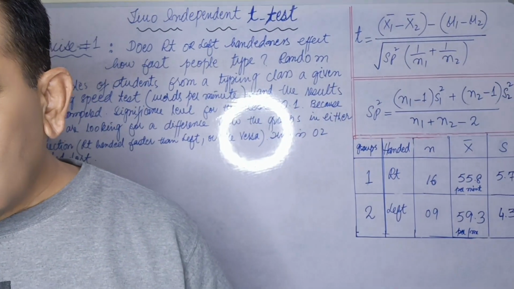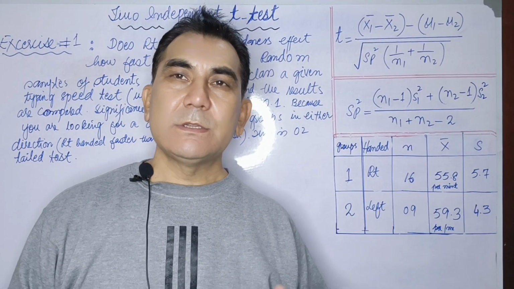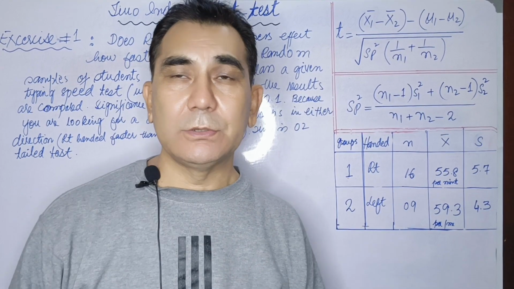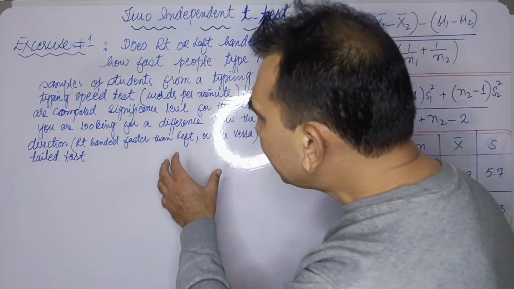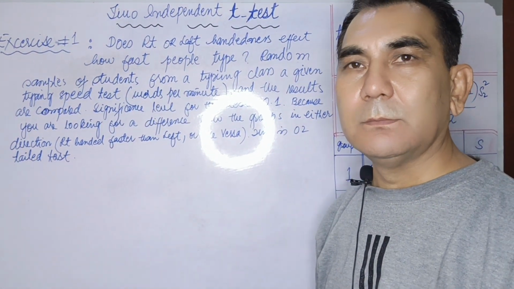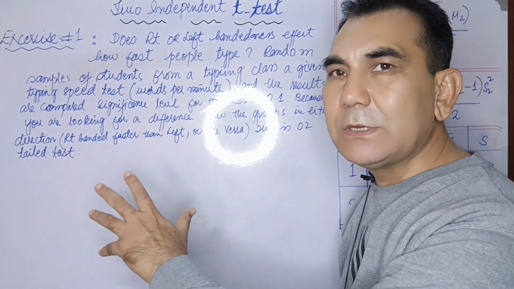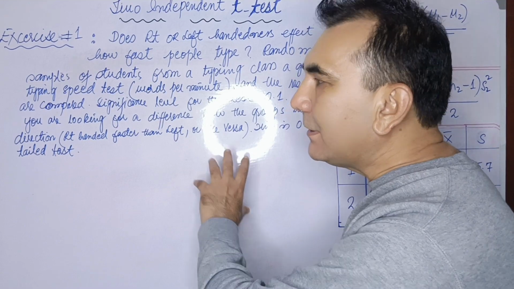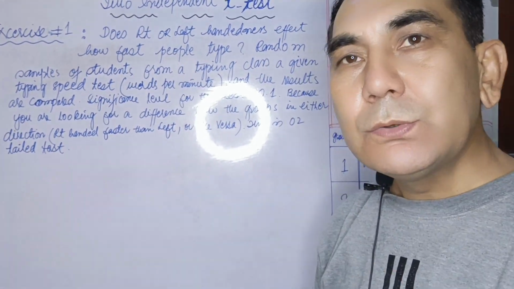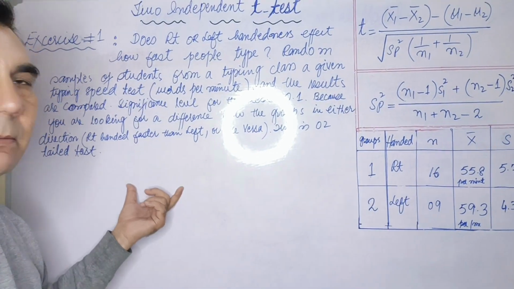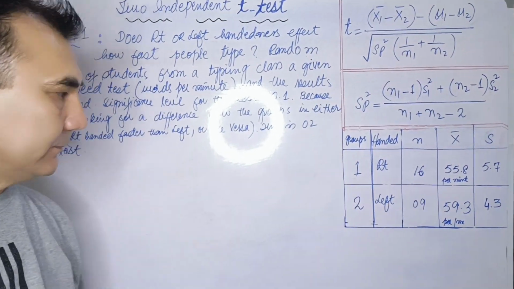So the researcher is not clear about which-handed students are faster in typing speed, either the right-handed or the left-handed. So it becomes a two-tailed test. When it is non-directional, then it will be two-tailed.